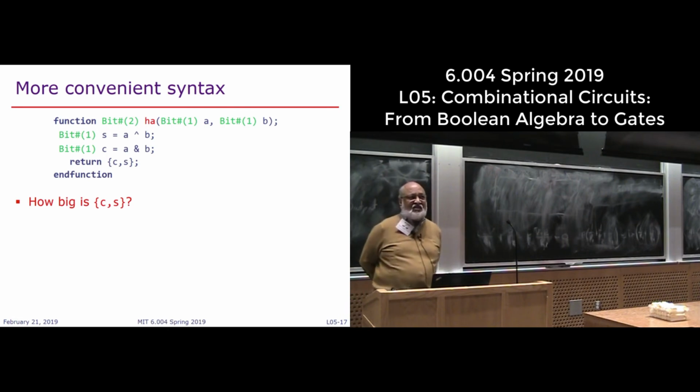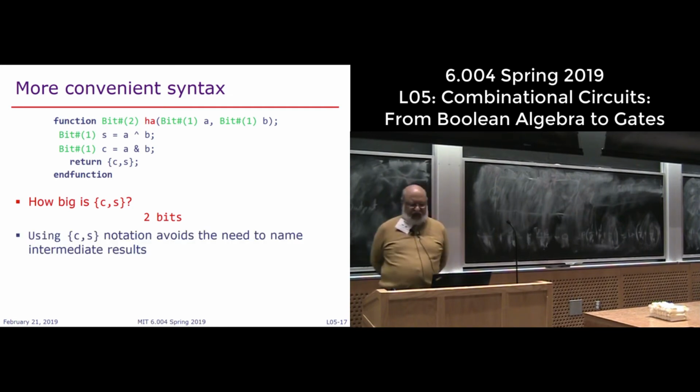Because C is 1 bit and S is 1 bit. So therefore this must be a 2-bit wide bit vector. And by using curly notation, you will avoid having to write many temporary variables, right? So these things are extremely convenient.